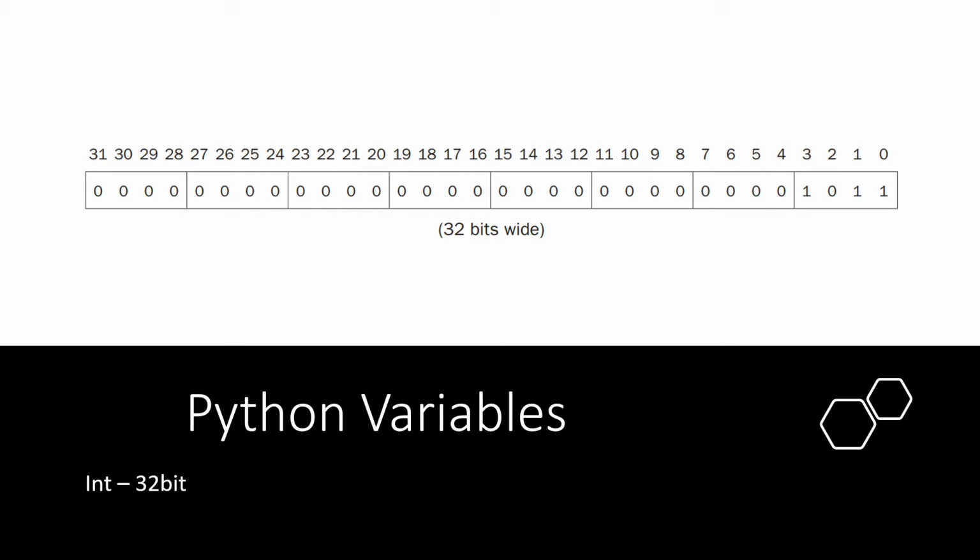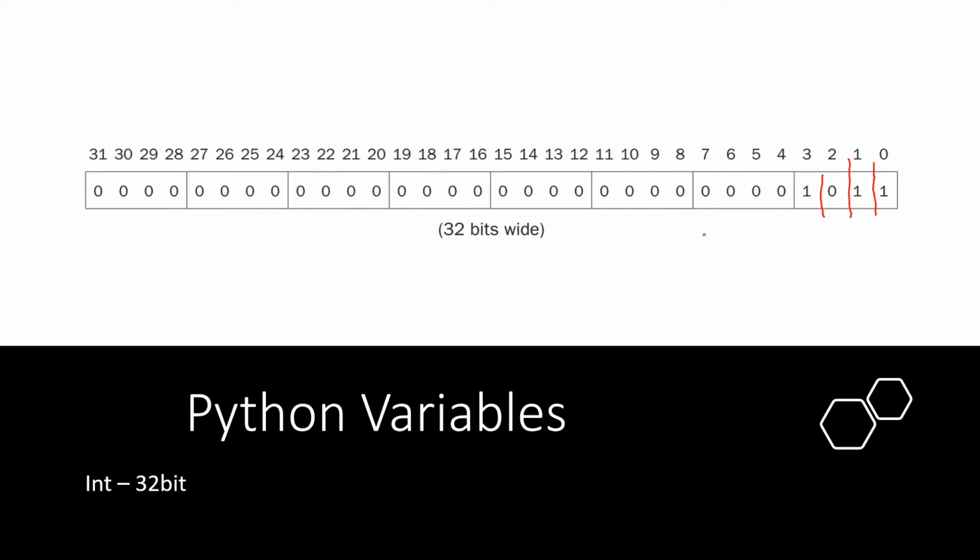Alright, so we've talked a lot about binary numbers. Let's see how this relates to Python here. So any number in Python that is an integer, not a floating point, is going to be 32 bits. And each digit in binary is called a bit. So this 1 here is a bit, this 1 is a bit, and so on and so forth.